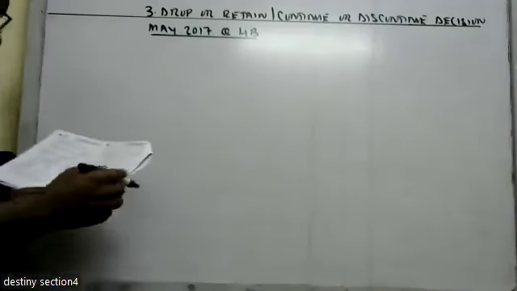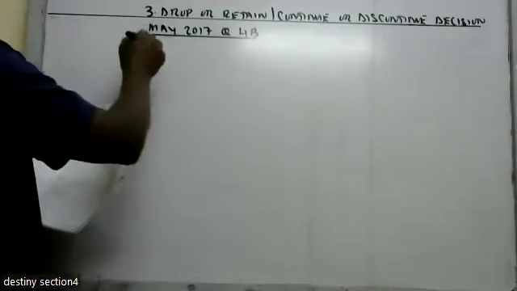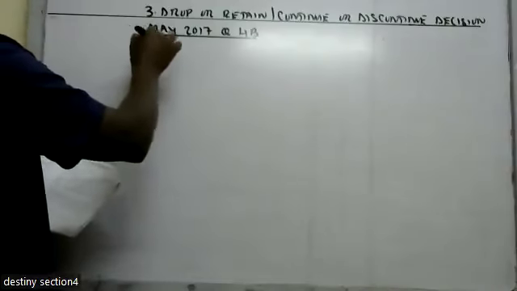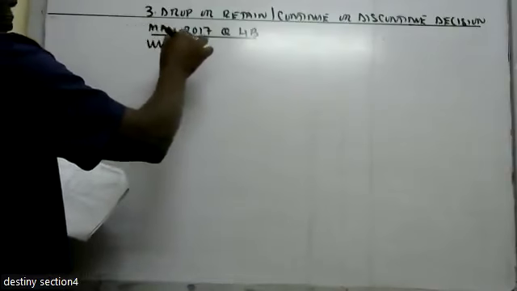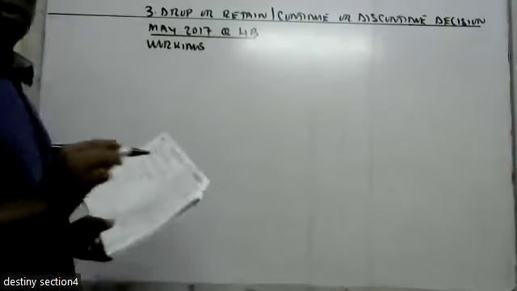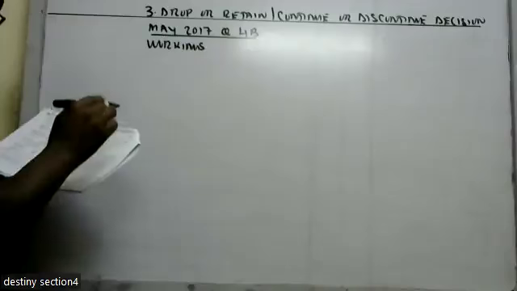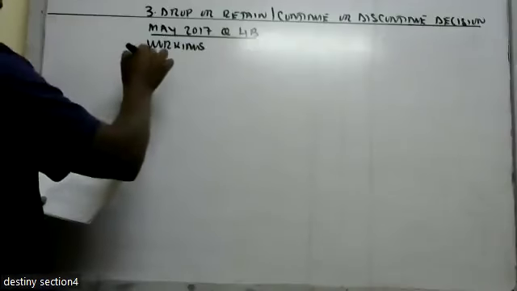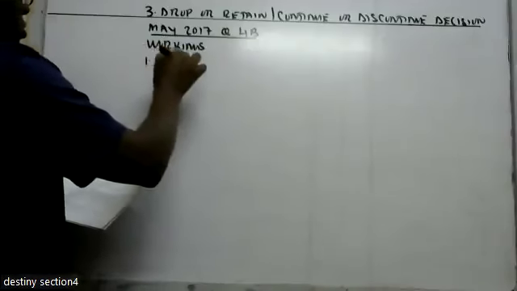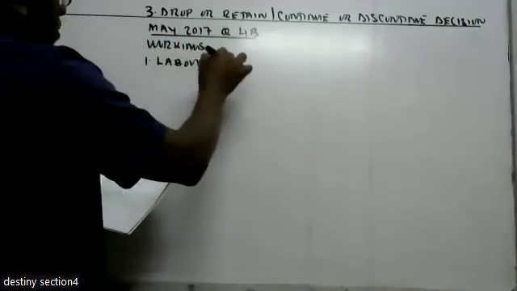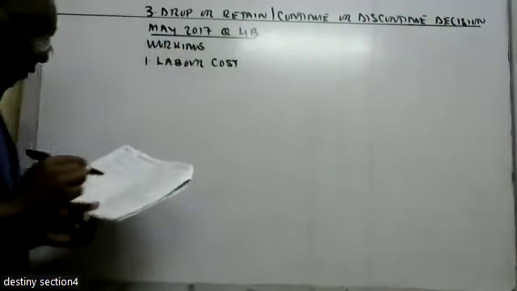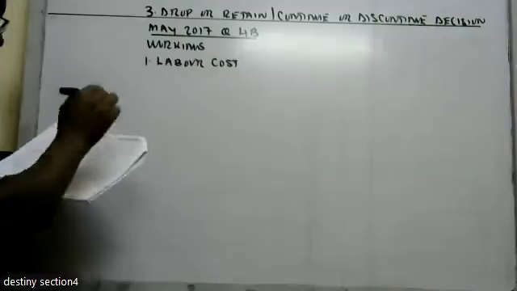Haya, sasa nataka tutasema workings, Workings. Number 1, labor costs. Now for the labor costs, we have the product here.